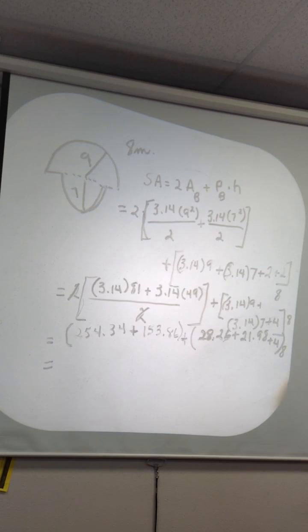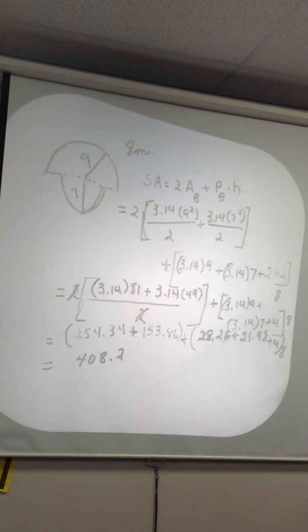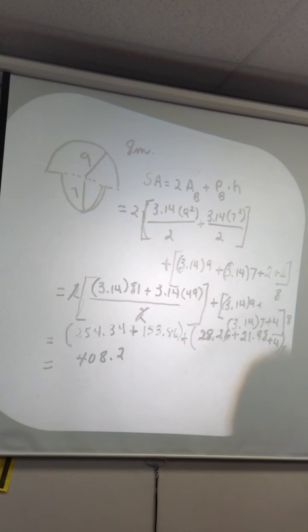Okay, did you get it? What'd you get? 408.2. All right, now add those three numbers up together: 28.26, 21.98, and 4.